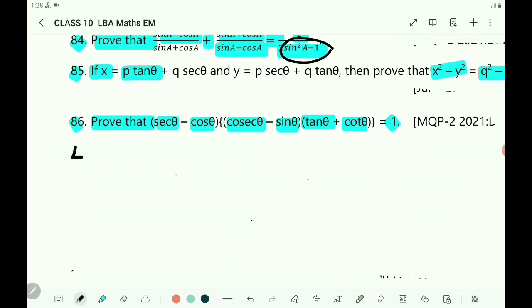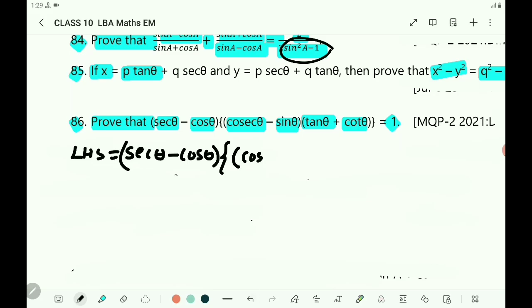LHS equals secant theta minus cos theta in one bracket. And here there are two brackets. In the flower bracket, two common brackets are there. In the first common bracket, what is there?